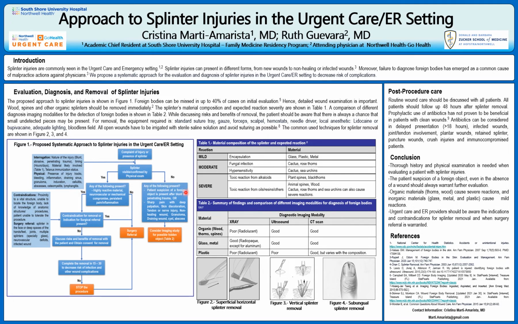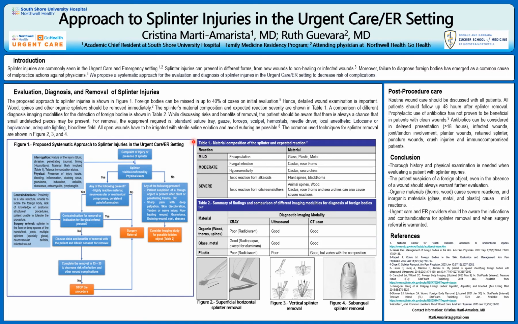If any of these are present, then you have to consider imaging for possible hidden objects. Also, if the material involved is glass and the lesion is large, you should also consider an imaging study to determine hidden objects.